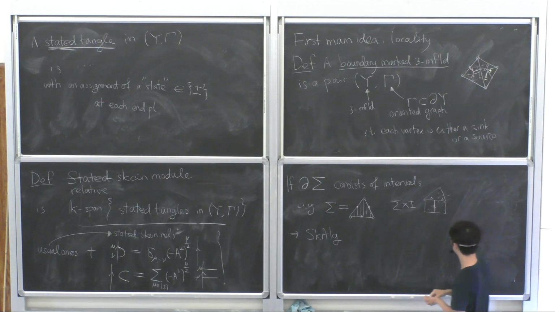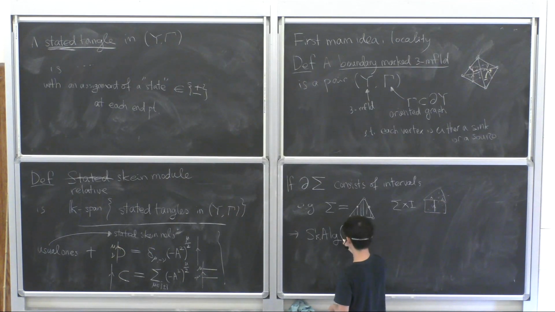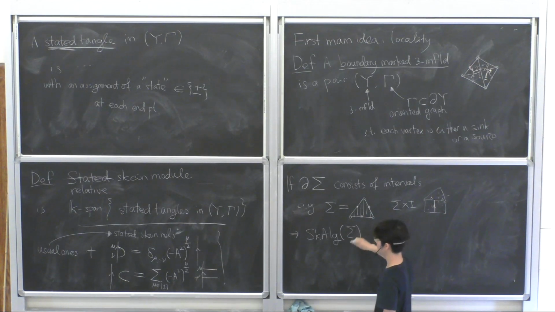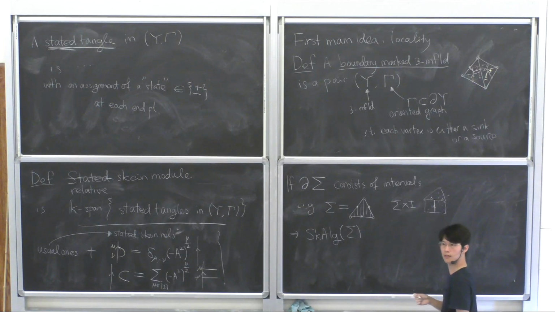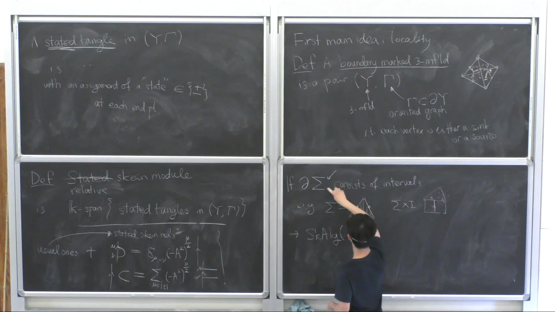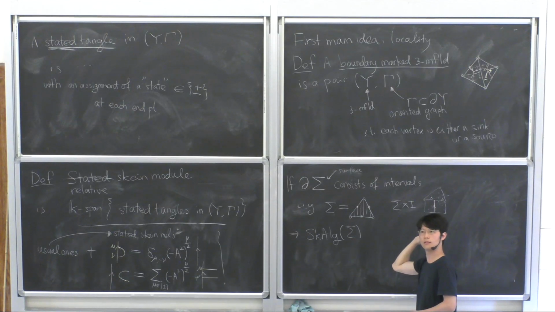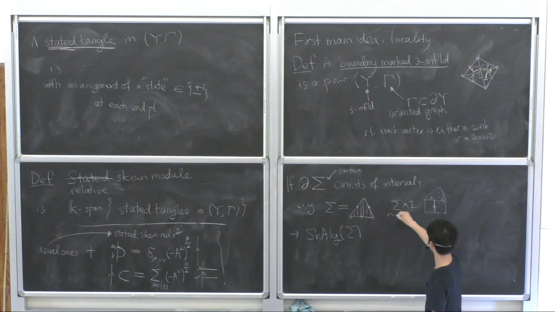Then again, we can stack along this interval direction, so we get a Skein algebra, where sometimes we'll omit this gamma from the notation for simplicity. So now sigma is a surface whose boundary consists of intervals.